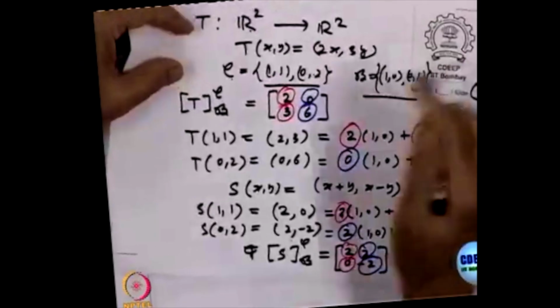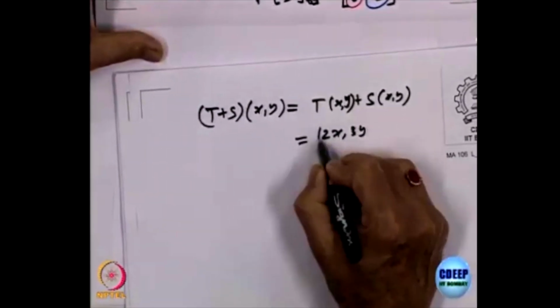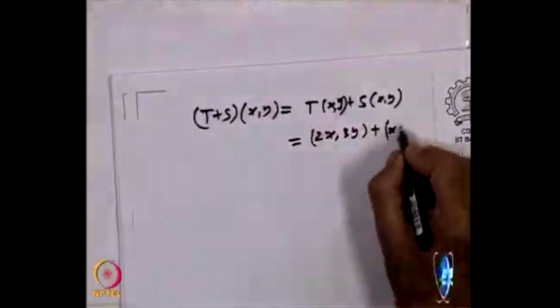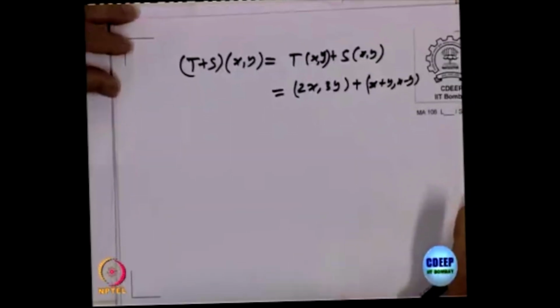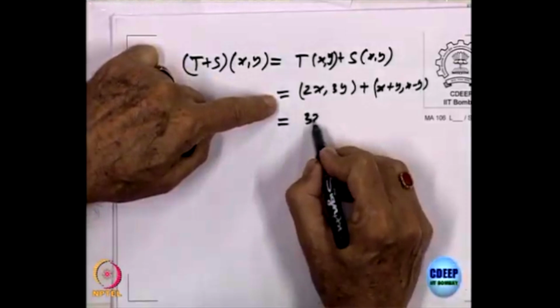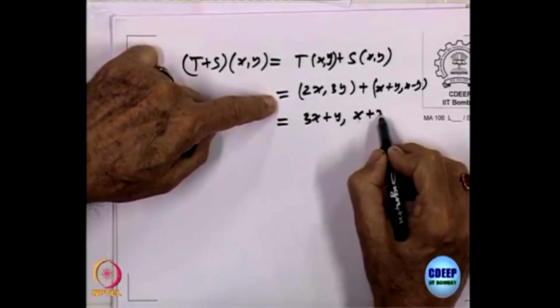That we know is equal to (2x, 3y). So it is (2x, 3y) plus S of (x, y), which is (x plus y, x minus y). So this is equal to (3x plus y, x plus 2y).